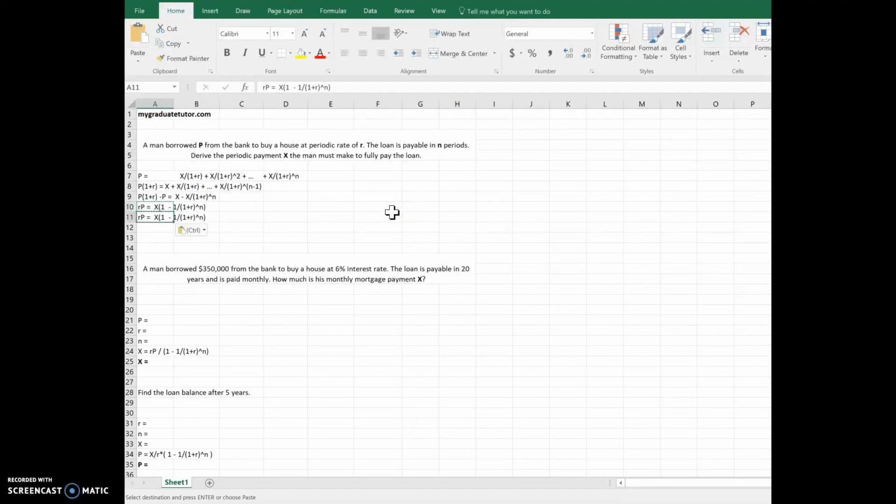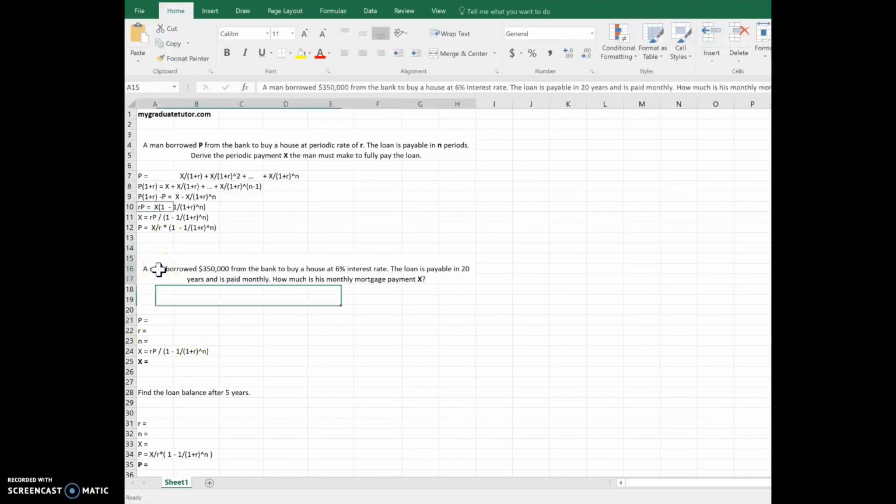So as you can see, if we solve for x, x is just going to be r times p divided by the whole thing, 1 minus 1 divided by 1 plus r to the n. Now sometimes we want to solve for p here, so p would be just that whole thing divided by r times that factor there.